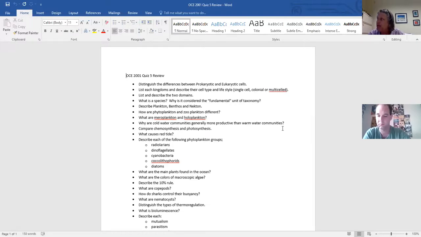Then you have the other kingdoms, protista, which are single cellular or can be colonial. You have fungi, which can be single cell, but mostly multi-cell. And then you have the plant and animal kingdoms, which are multi-cell. The two domains are based around the prokaryote and eukaryotic domains. We discussed them as well.